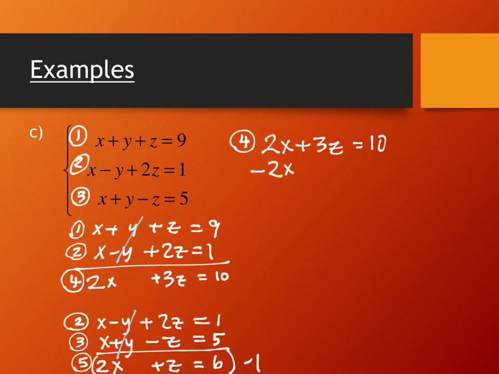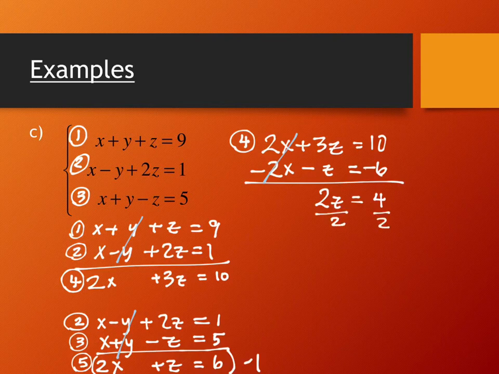So I have -2x minus z equals -6. Okay, so the x's add to 0. I have 2z equals 4. I'll divide by 2, and what will z equal? 2. Z is 2. So that's my first found variable.